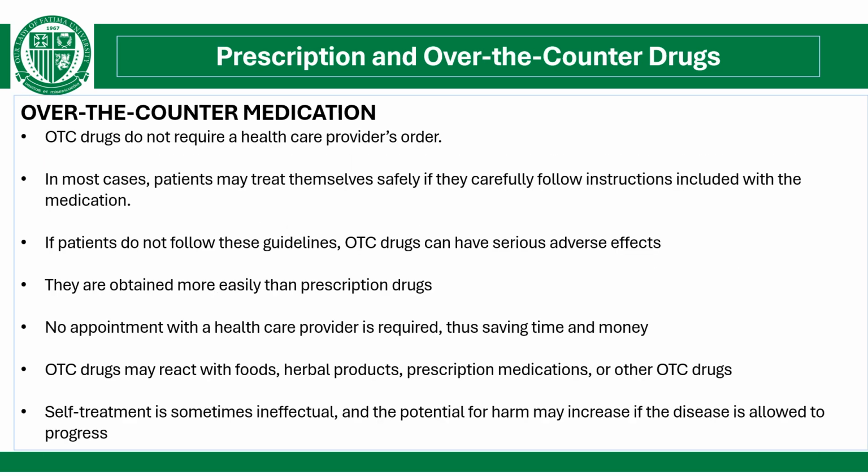Then we have over-the-counter medication. When we say over-the-counter medication, these are drugs that you can buy anywhere, any day, anytime, in different drugstores such as Mercury Drugs, Watson's, or Prime Drug, or even drugs that are available for the public.